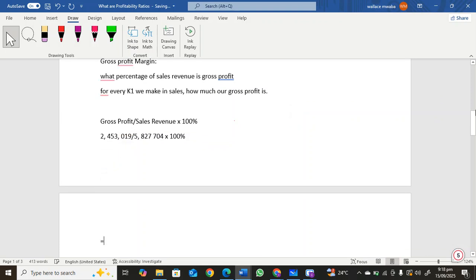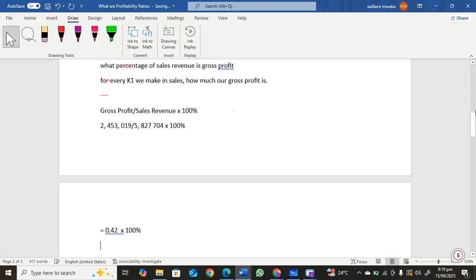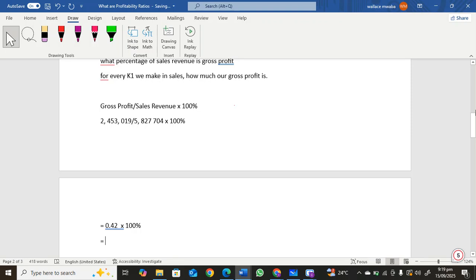Okay, so we get our calculators. 2,453,019 kwacha divided by 5,827,704 kwacha, you get 0.42. Times 100%. So 0.42 times 100%, that is 42%.